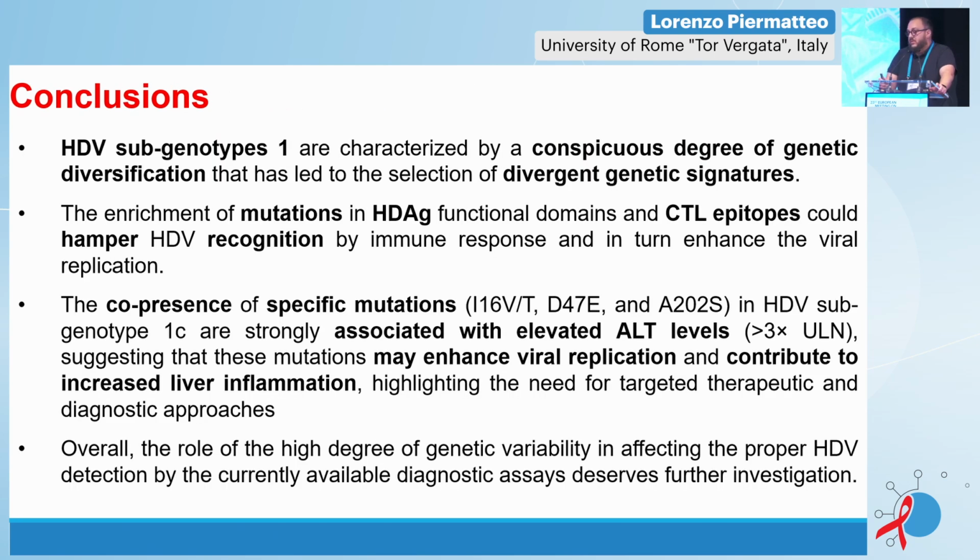So in conclusion, from our study we can say that HDV genotype 1 subgenotypes are characterized by high genetic diversification, and the enrichment of mutations in the delta antigen region can hamper the recognition of hepatitis delta by the immune response, and in turn can enhance the viral fitness.